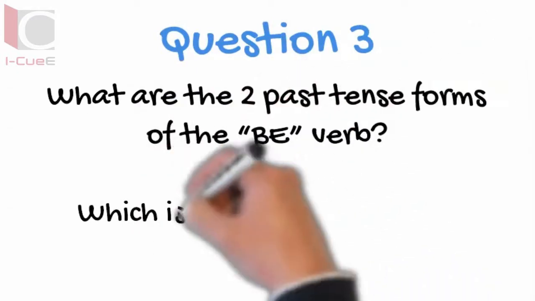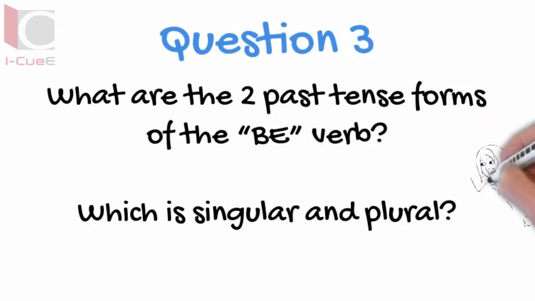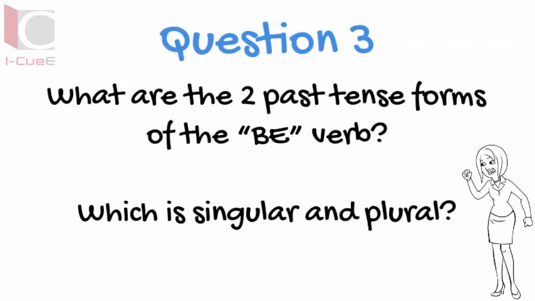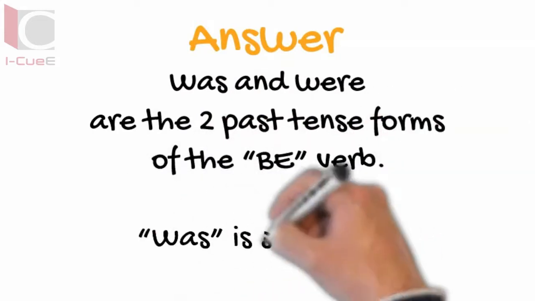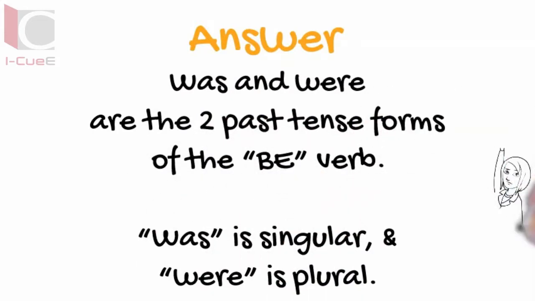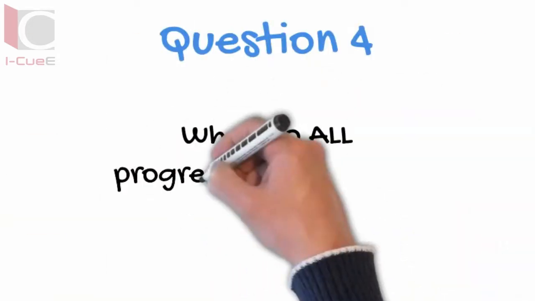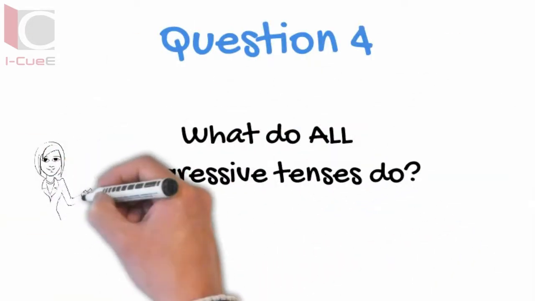What are the two past tense forms of the be verb, which is singular and plural? Was and were are the two past tense forms of the be verb. Was is singular and were is plural. What do all progressive tenses do?